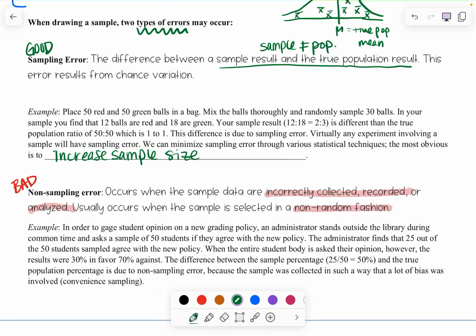So you want to get a sample that is representative but isn't going in the direction of a census and collecting data from every single person. So sampling error is good. Non-sampling error is bad. This one isn't as hit as much as the cluster and stratified and the non-response and the voluntary response, but these are the 2 differences between those.